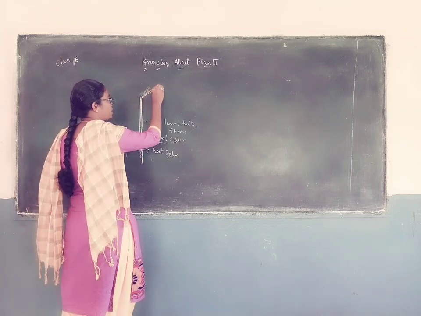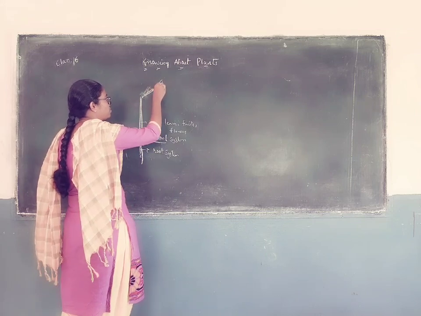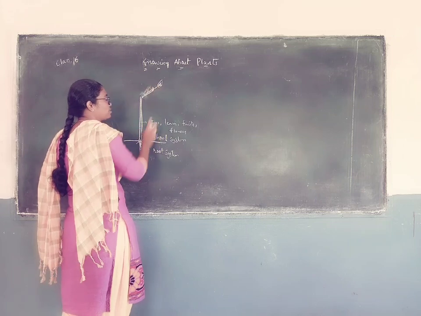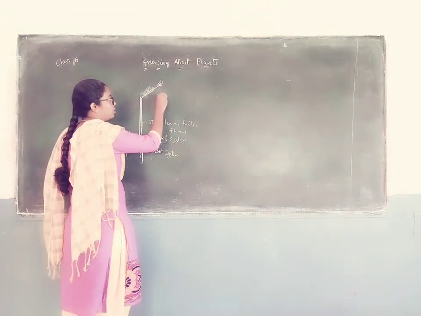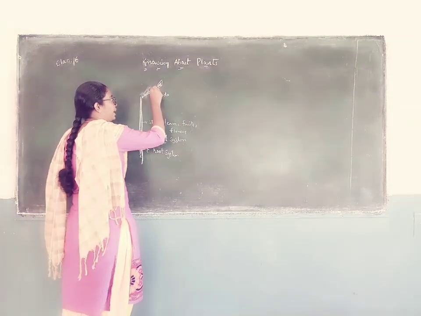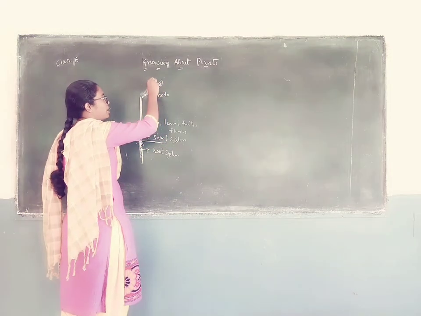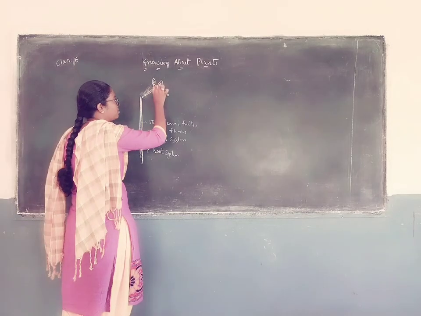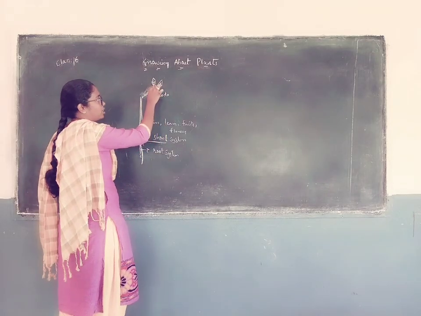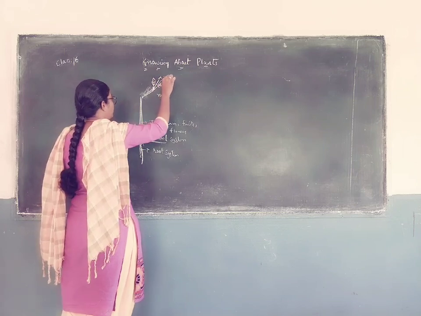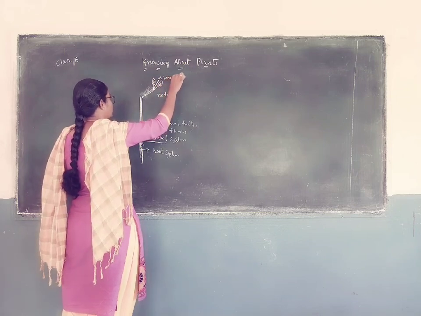From these branches the leaves will start originating. So this point is known as a node, and another branch is arising from here and it produces another leaf. So here it is one node, another node. So these are known as nodes and internodes.